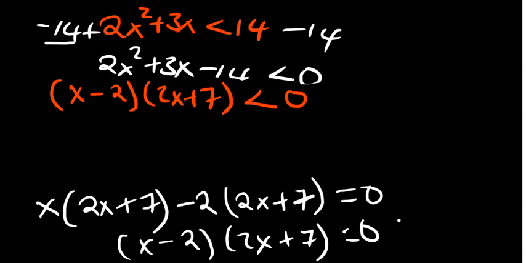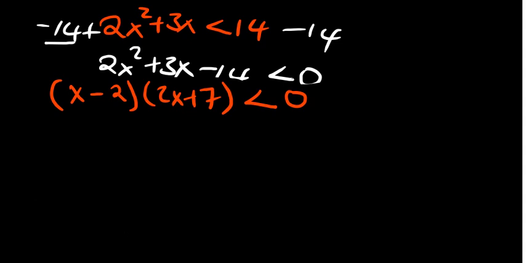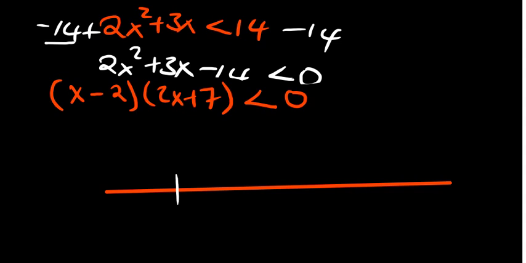Are we together? So now, as you're looking at that question, let's look at the critical values like I mentioned. If you get the first factor there, x is going to be equal to 2, right?